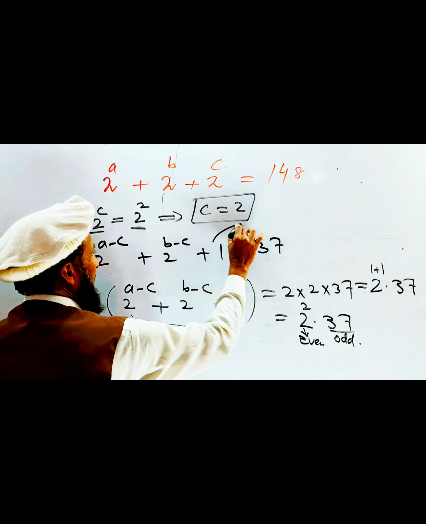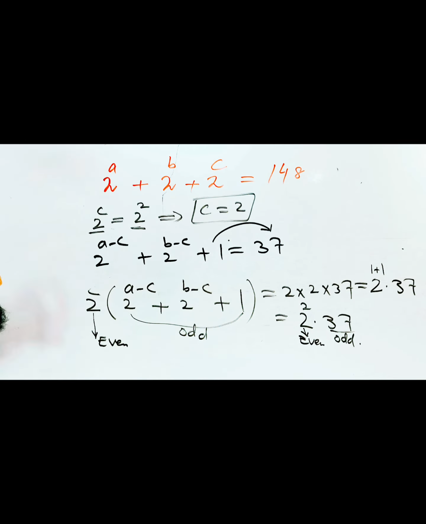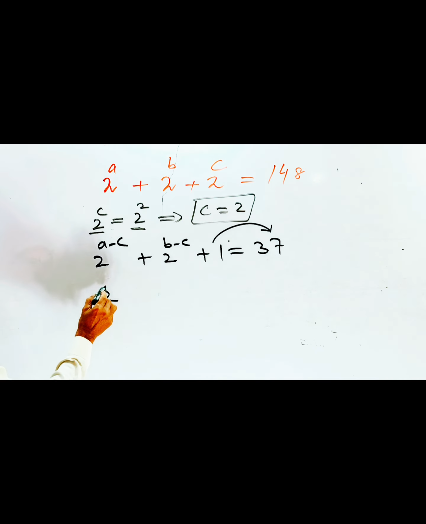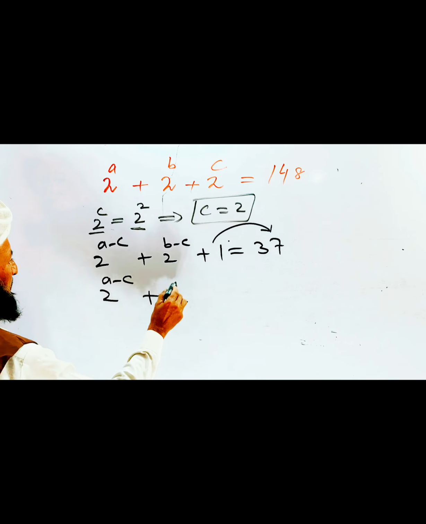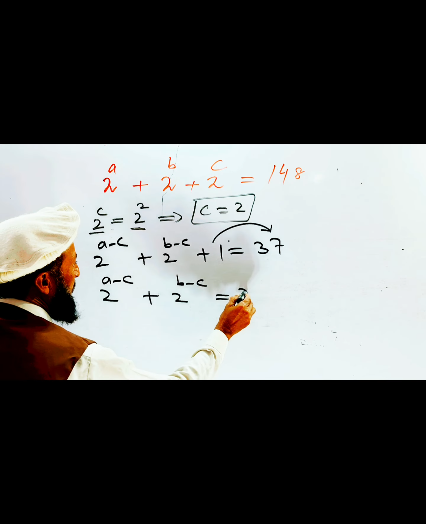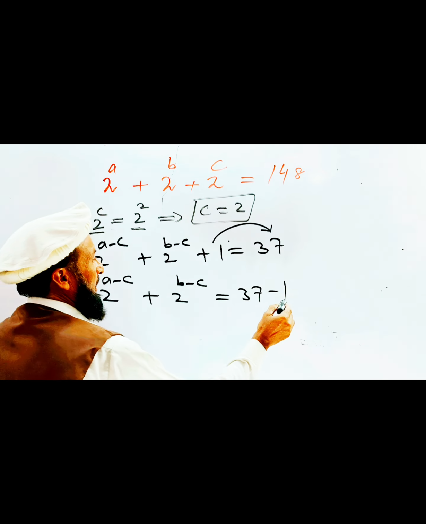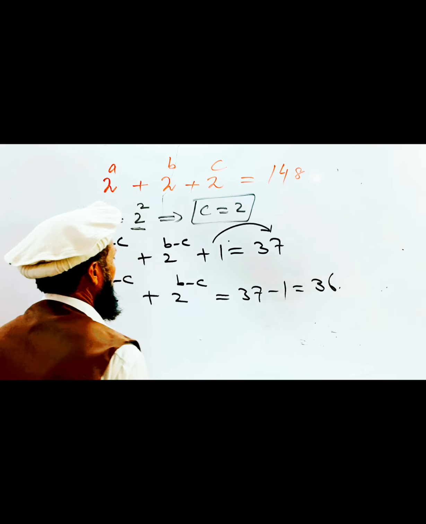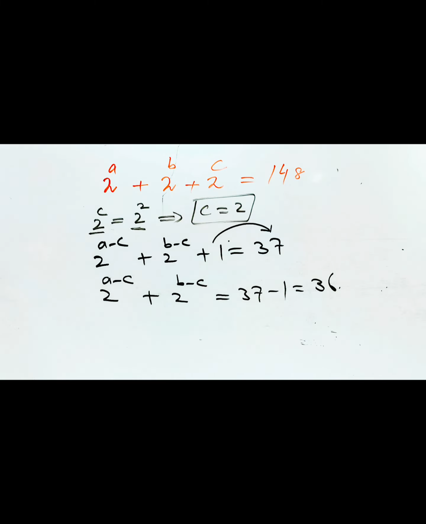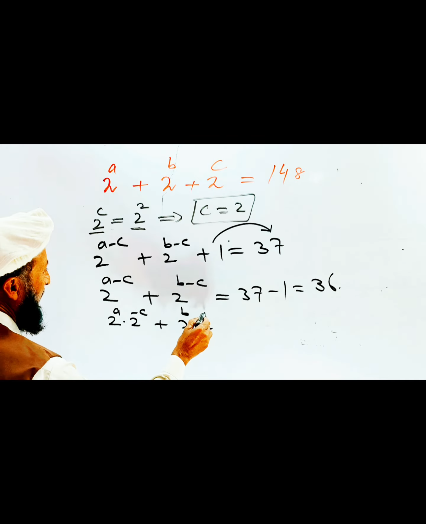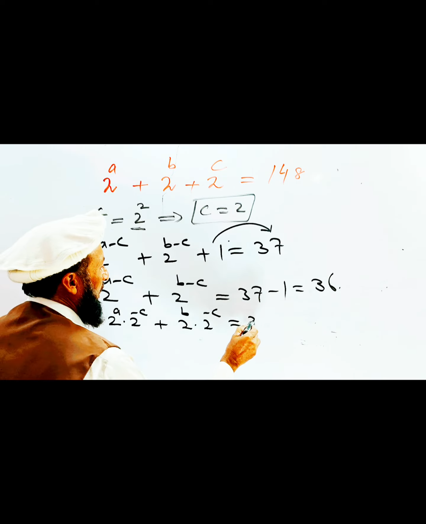Now we transfer 1 to the right side, and its sign changes: 2 exponent of a minus c plus 2 exponent of b minus c is equal to 37 minus 1, which is 36. According to the definition, we can separate this exponent: 2 exponent of a times 2 exponent of minus c, plus 2 exponent of b times 2 exponent of minus c, is equal to 36.